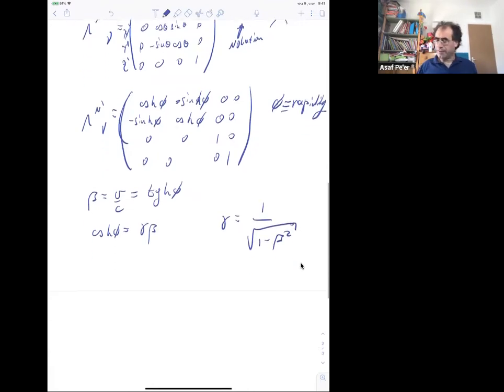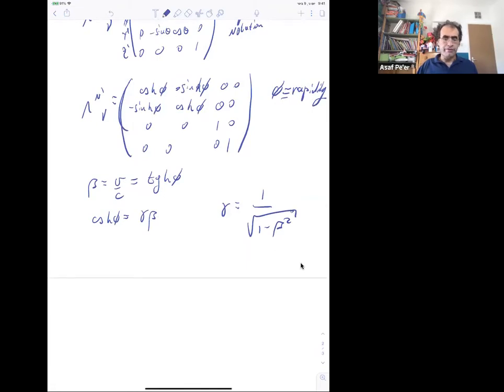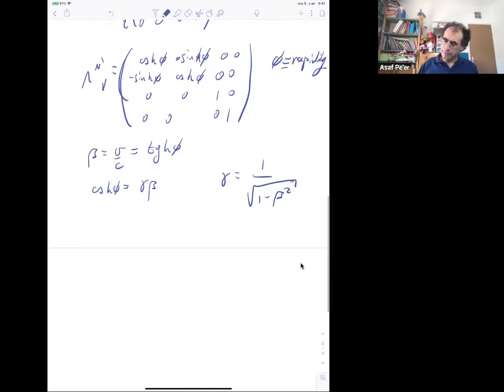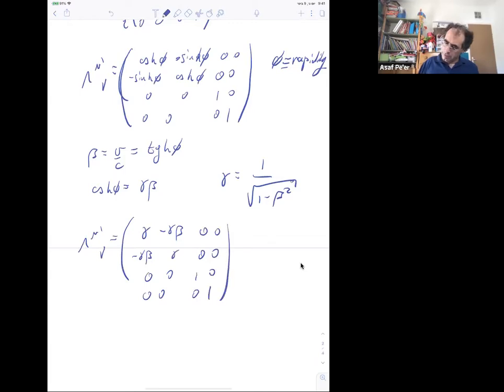And we retrieve back the familiar Lorentz transformation, lambda mu prime nu, which is gamma, minus gamma beta, minus gamma beta, gamma. Which is what you're familiar with from first year studies, from the transformation between two frames where one is moving in the x direction with respect to the other. Of course, this is much more general.